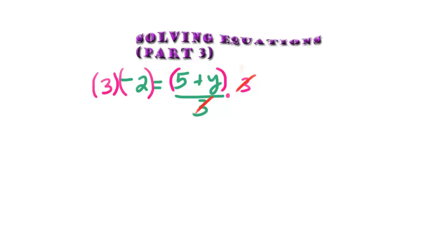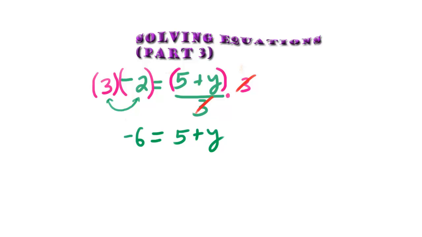And you're left with the 5 plus the y on the right hand side. And then on the left hand side you have 3 multiplied with the -2, and that gives you a -6, right? We're getting closer to getting y by itself, and that's the whole point, right?